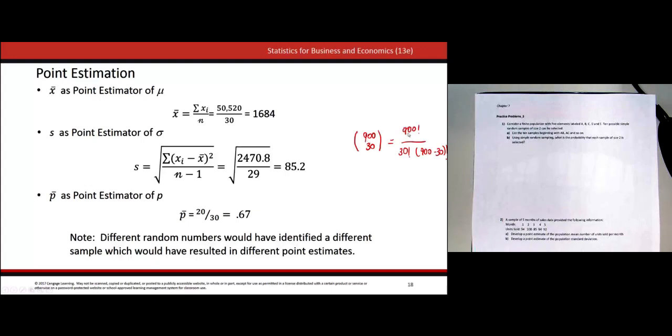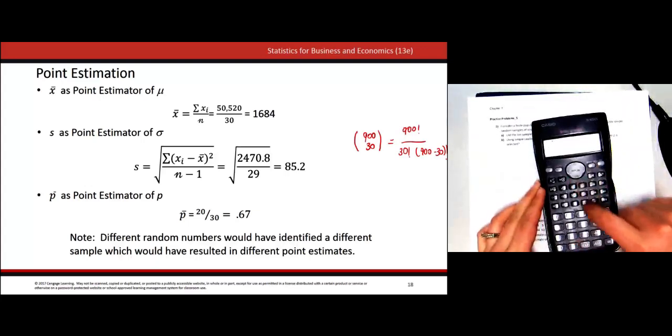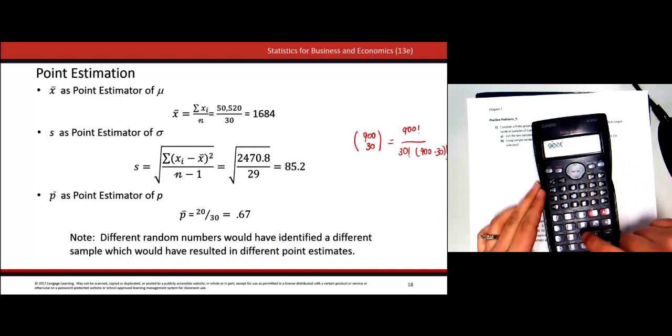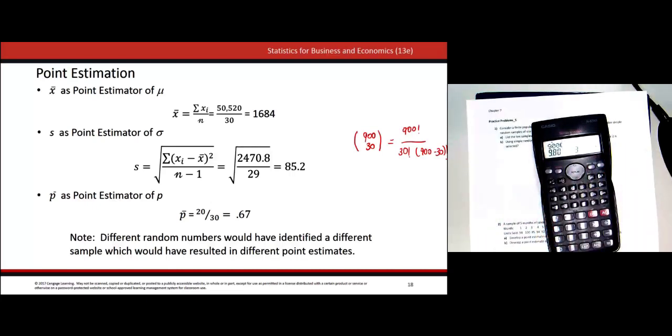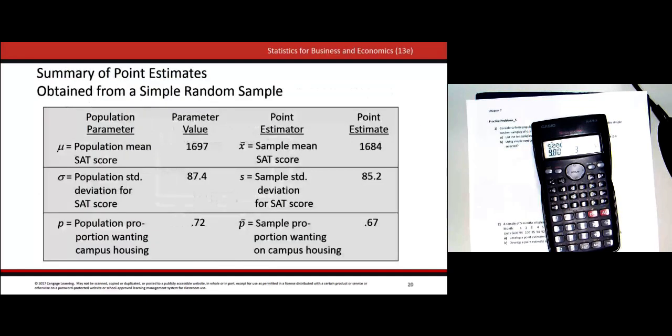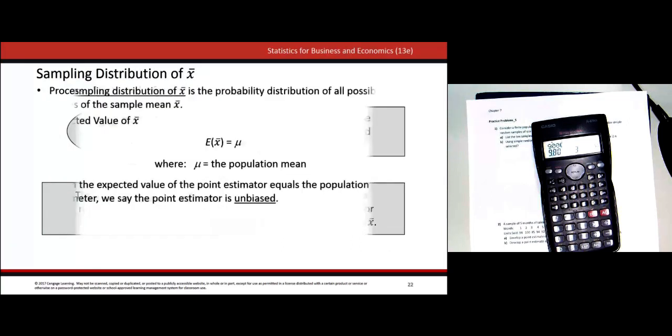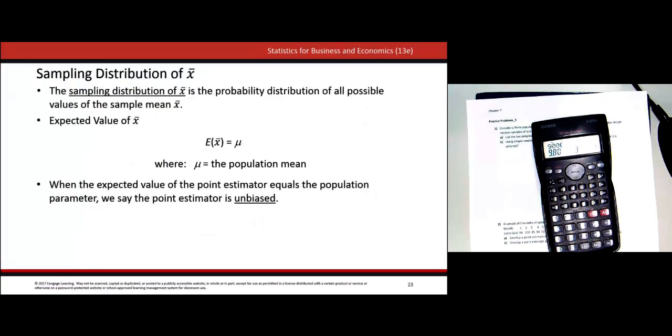It's a lot. We can calculate that combination: 900 choose 30 is 9.8 times 10 to the 55. It's a big number, and different samples will give different results. So the sampling distribution of X bar is the probability distribution of all possible values of the sample mean.